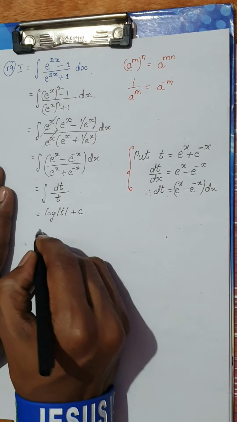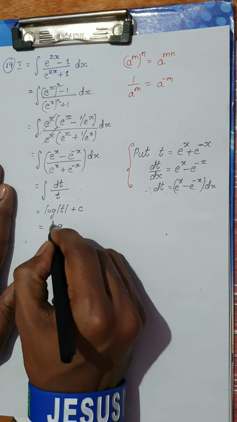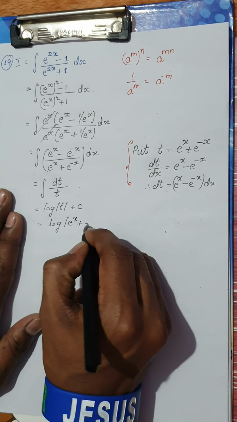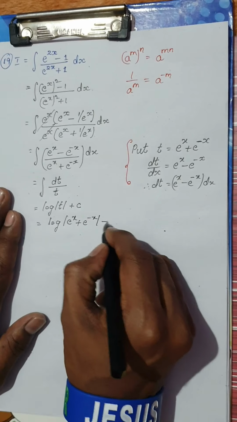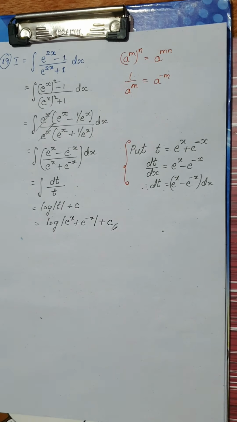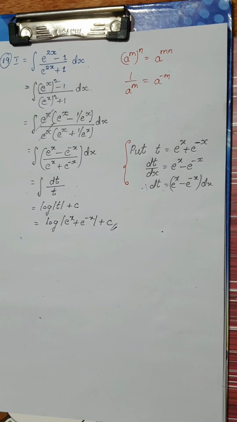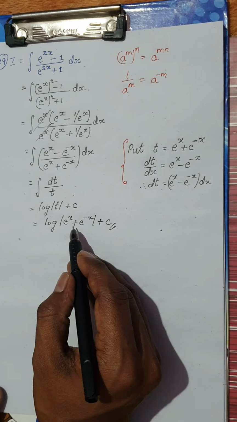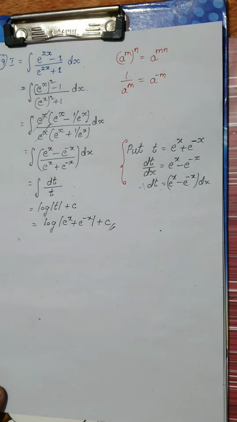So, the final result would be log of mod, replace back t, that is e power x plus e power minus x, plus c, which is the constant of integration, and that will conclude the result part. So, this would be the final answer for the above integral.